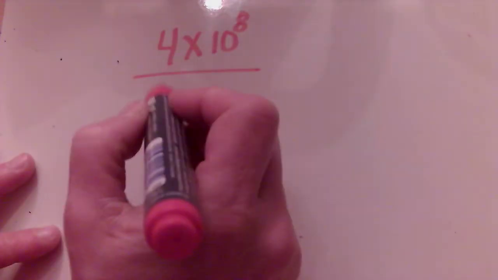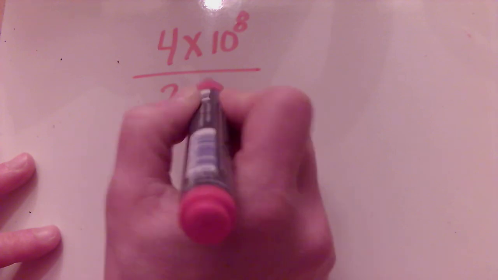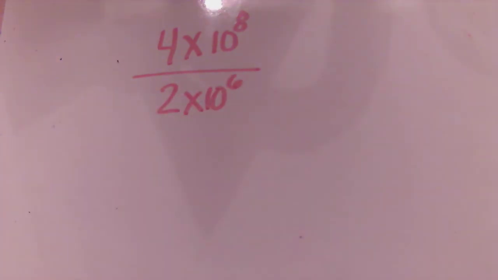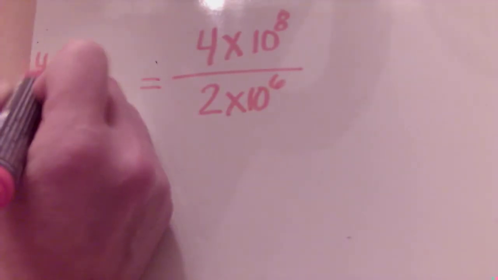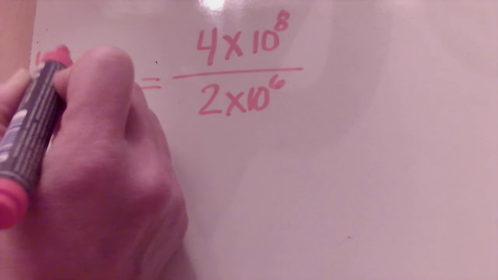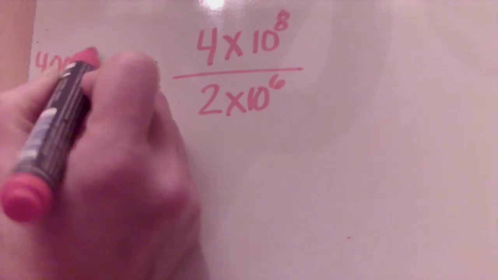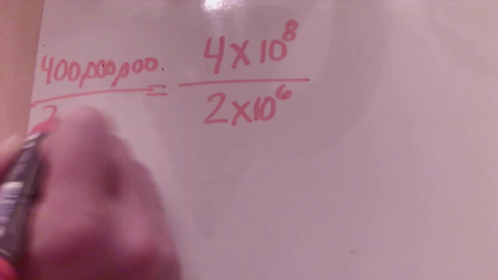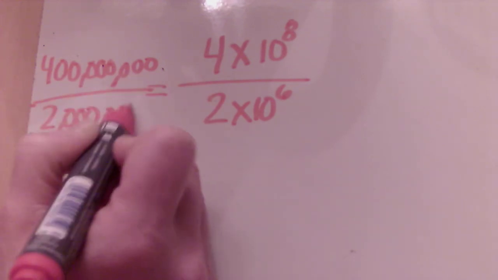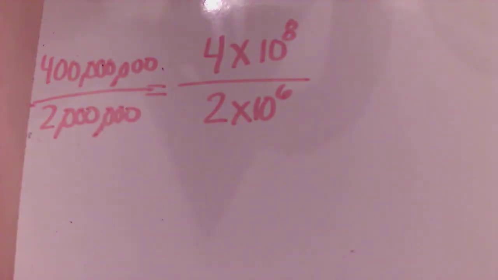And if I want to divide that number by, let's say, 2 times 10 to the 6th, which would be a 2 with 6 zeros after it, I could take those two numbers and turn them into these big long numbers, and then think about how to do that division and how many zeros are left, or pull out a calculator.